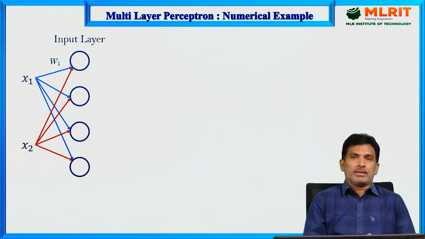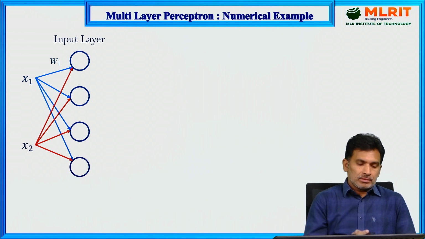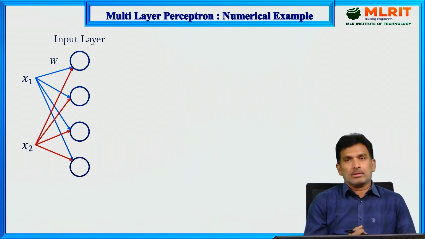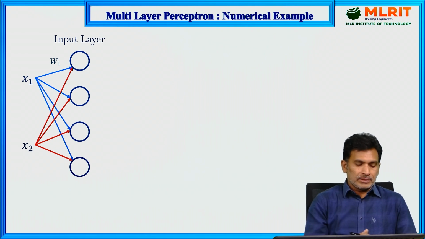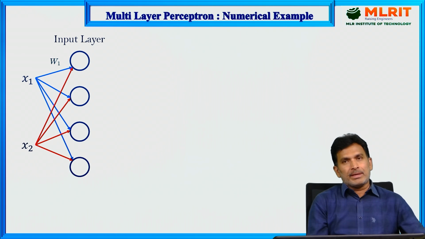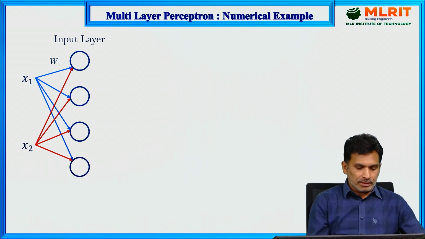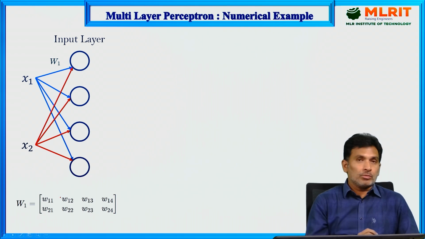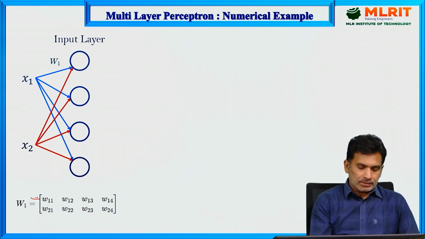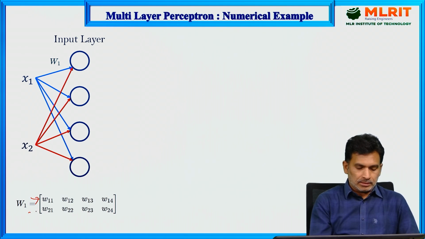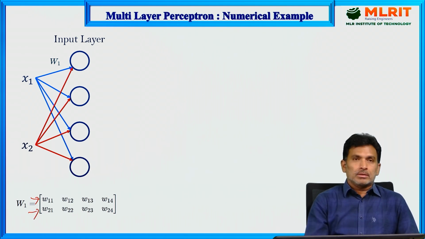based on importance. Here x1 and x2 are the inputs passed to the input layer neurons. Now look at the weight matrix w1: w11 and so on are the weights assigned to the input x1, whereas these are the weights assigned to the next input x2.